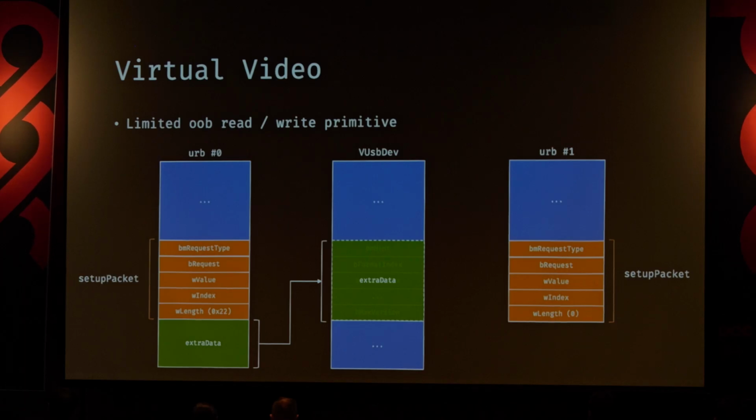URB1 triggers an operation that reads from the UVC parameters back into extra data. But now, because wLength is 0, the backend assumes no data should be copied. However, if we exploit the TOCTOU vulnerability once again, this time modifying wLength from 0 to 0x22, then a heap overflow write will be triggered. From now on, we have a heap overflow read and a heap overflow write primitive.